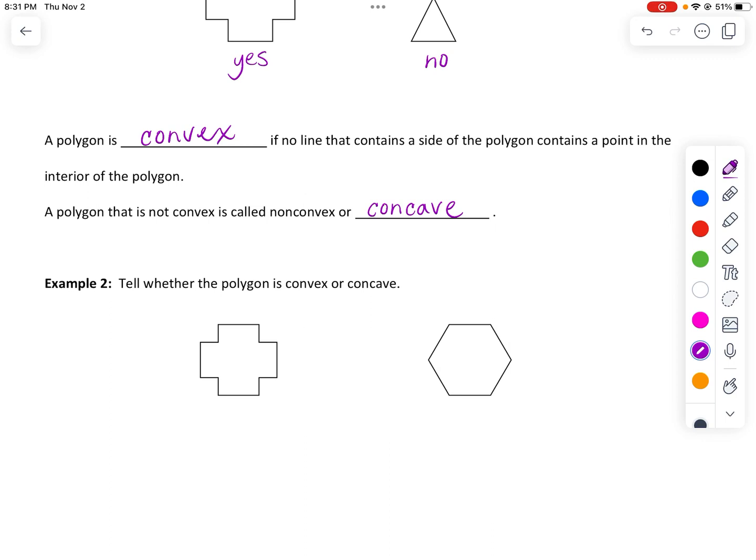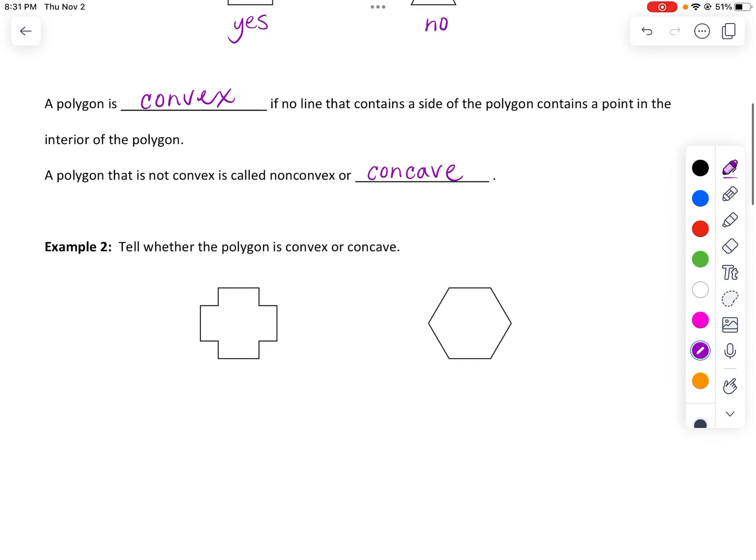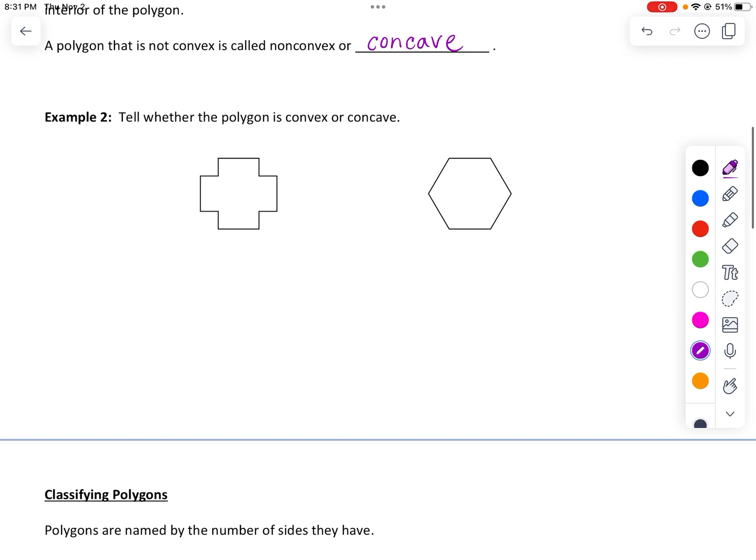So if we go back up to that first sentence, it says, if no line that contains a side of the polygon contains a point in the interior of the polygon. What that means, if we look down at example 2, is if you extend any side, you would not end up inside the polygon. So this first shape is considered a polygon, but it is considered a concave polygon.